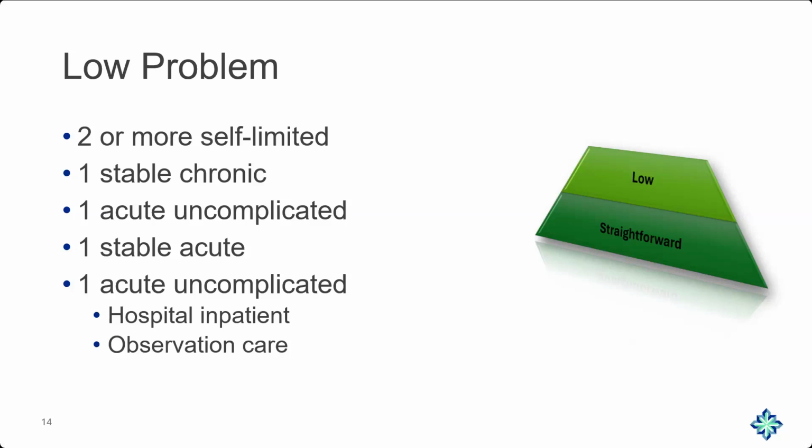The last one here is going to be an acute uncomplicated illness or injury that's requiring a higher level of care. This could be a recent or new problem with low risk of mortality, which is why it's a low problem. It does require treatment, but they are expected to fully recover without functional impairment.